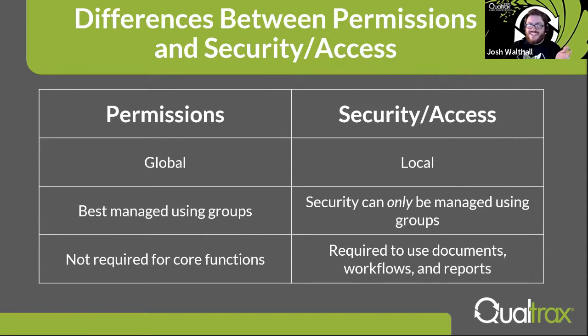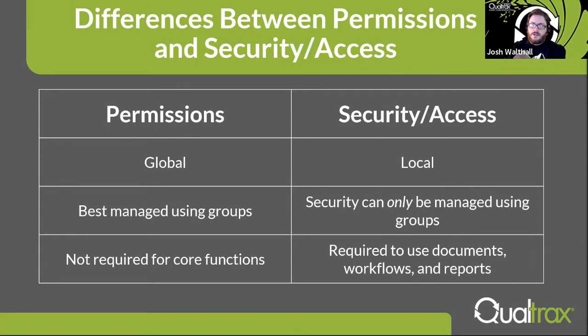Another difference too is that permissions are best managed through using groups, whereas security can only be managed using groups. So keep that in mind when you're configuring these things. A lot of the stuff that we're talking about here with user scope, you can configure individually, but you will want to most of the time do that through groups.